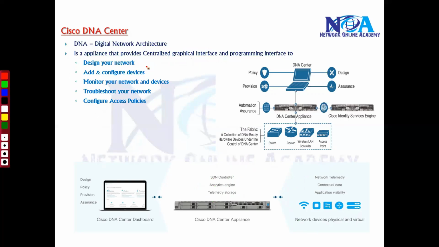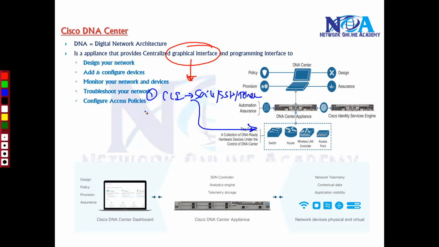Now, why do we call it centralized and how is it going to be different? Because if you know some of the older ways to manage your devices, we can go with the CLI, where I can log into the command line of each and every device and do some basic changes. You can do console, you can do SSH, you have telnet options. So that is one method.